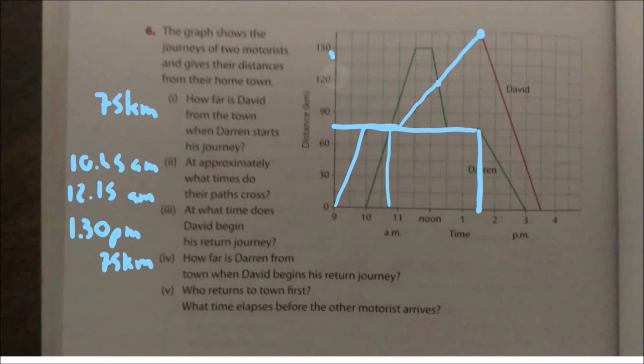Well, David returns at 3:30 and Darren returns at 3 o'clock. So Darren. And what time elapses before the other motorist arrives? Well, as we said, Darren returns at 3, David returns at 3:30, so 30 minutes.